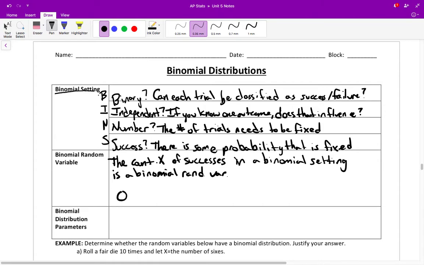Now, one thing that you do have to have, your number of successes x needs to be less than or equal to n, which is your number of trials, and also has to be greater than or equal to 0, meaning you can't have any negatives there.